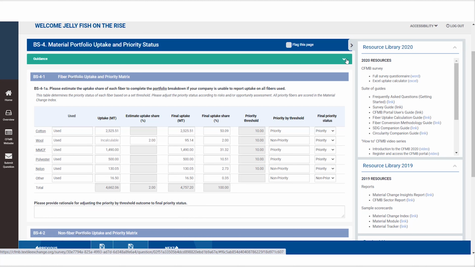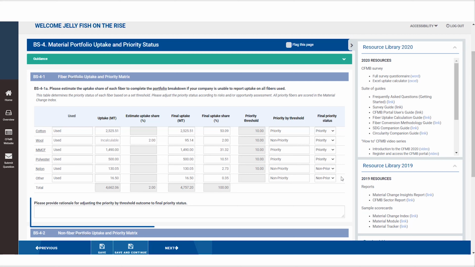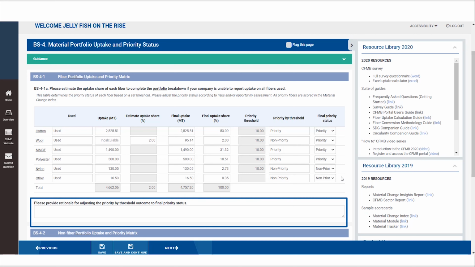For example, your company may be in the process of decommissioning the use of a specific material, but this transition may not yet be complete. In this case, you could change the status from priority to non-priority. If any thresholds are changed, we ask that you please provide an explanation in the text box below the table.